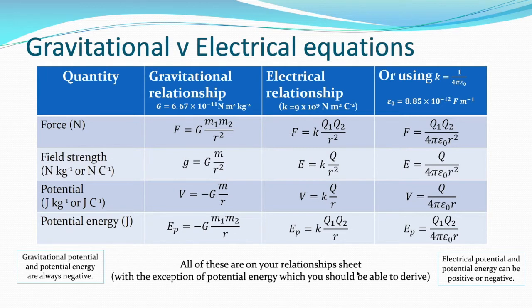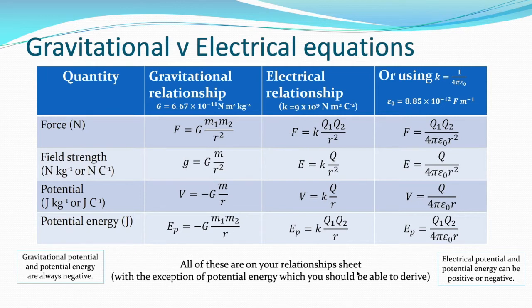Gravitational force, Gmm over r squared. Look at the electrical force. kqq over r squared is charge instead of mass, different constant. And if we substitute in 1 over 4 pi epsilon naught for the constant, then we get the same relationship in a slightly different format.